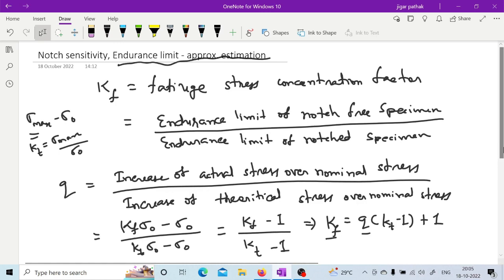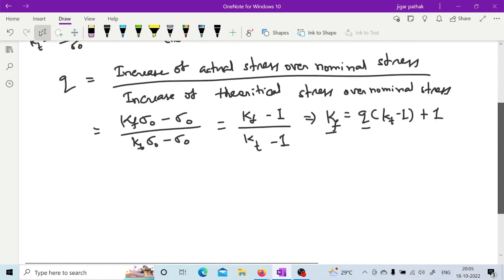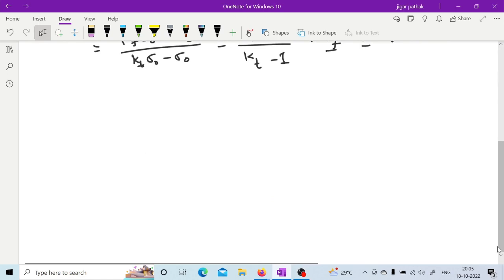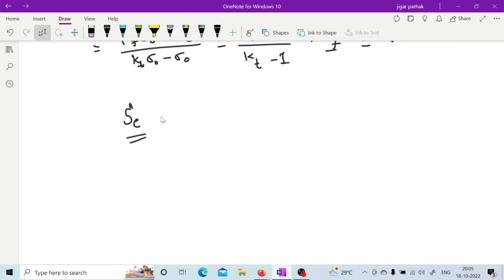So what do you mean by endurance limit approximate estimation? Whenever you are calculating the endurance limit, let us say Se dash, whatever value you are getting from that experiment needs to be modified, right?